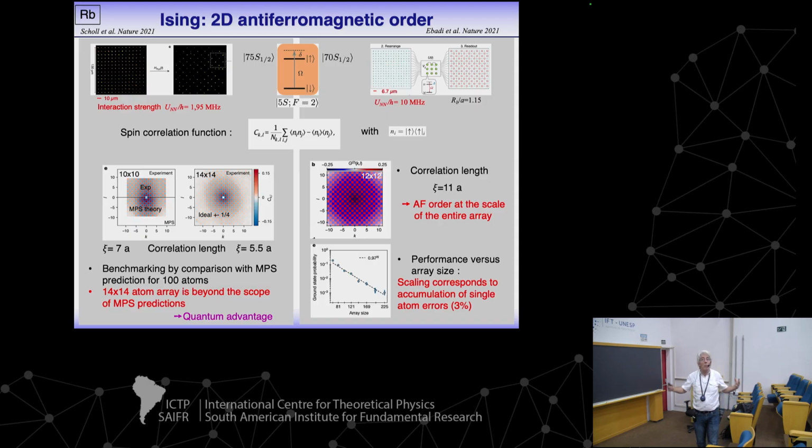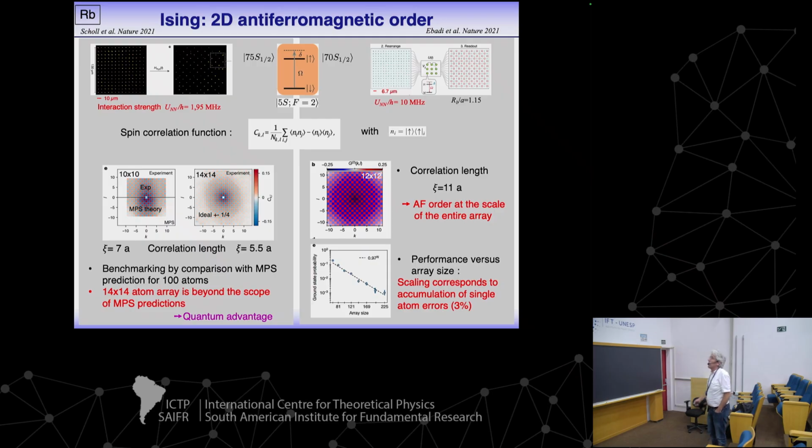The system is already too big, it's 2-dimensional, and the theory fails to describe this kind of simple ground state system. So it's kind of a first demonstration of a quantum advantage. You already, with this 200 atom array, enter a field where the theory has limited abilities to describe the system.